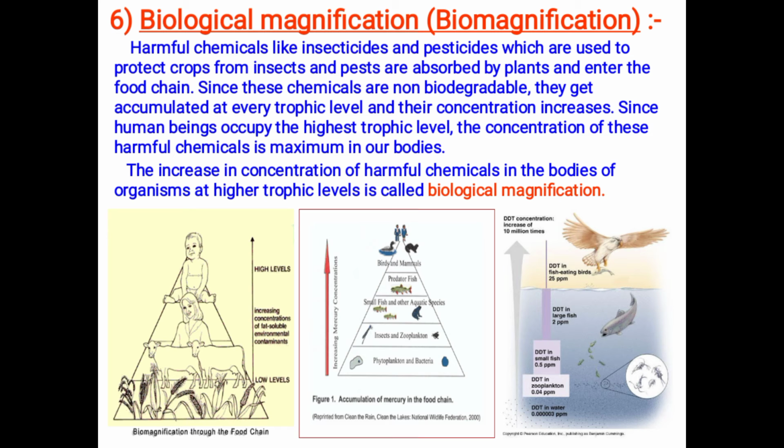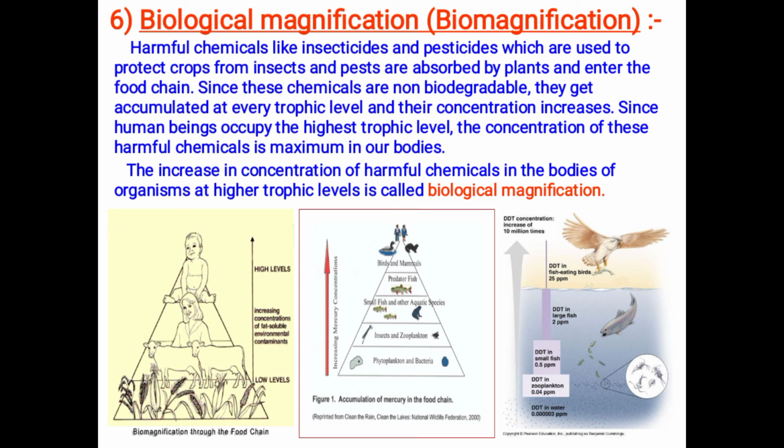Those insecticides and pesticides will be absorbed by the plants, means will be absorbed by the producers. So these producers will be eaten by the primary consumer, then later secondary, then tertiary consumers. So the plant absorbed the chemicals, and the chemicals will also pass from one trophic level to another trophic level.